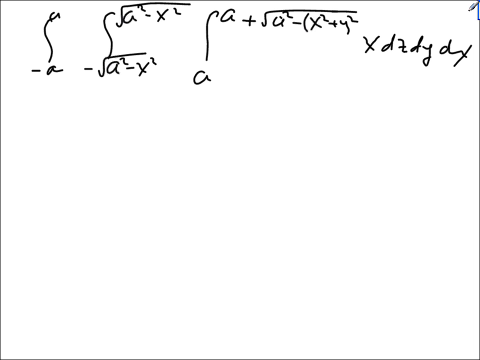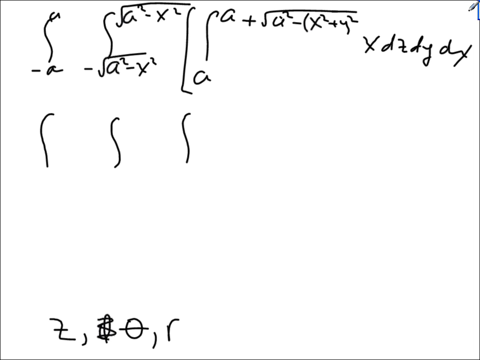Let us go to cylindrical. So it too will be a triple integral. Cylindrical has z's in it, so z's won't change. It has theta and it has r's. Since we're integrating first with respect to z, things won't change that much. In fact, we'll even have our dz.